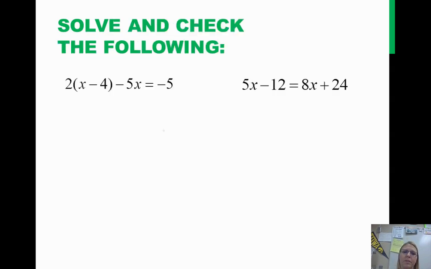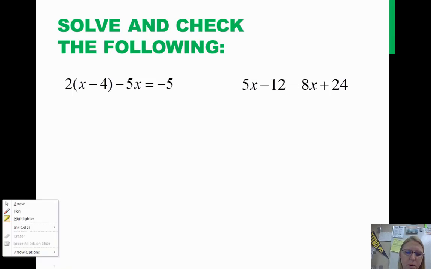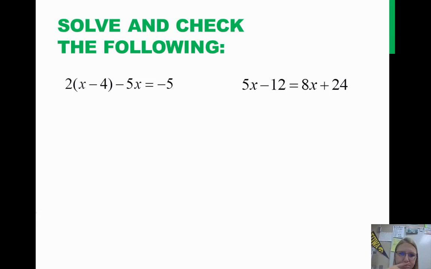So on this particular one, the first part, like we said, was to get rid of the grouping symbols, and here we have a grouping symbol. So that tells me that I'm going to multiply this 2 through by distributing it to eliminate the grouping symbol. So I have 2x minus 8 minus 5x equals -5.